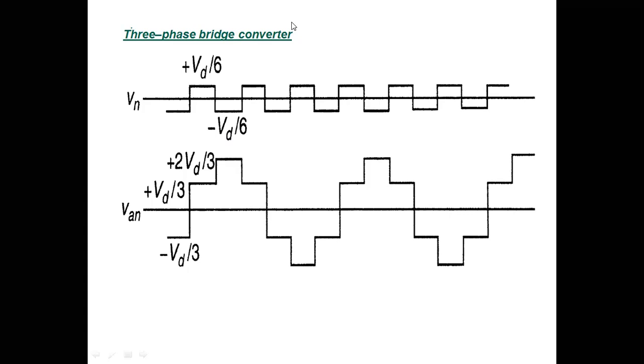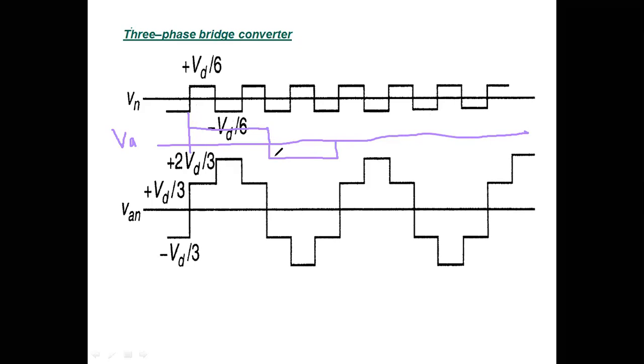You may ask how we got this. Please remember that I will represent Va with respect to capital N. So whenever one is conducting, up to this half cycle, you will get Vd by 2, and whenever 4 is conducting, you will get minus Vd by 2.